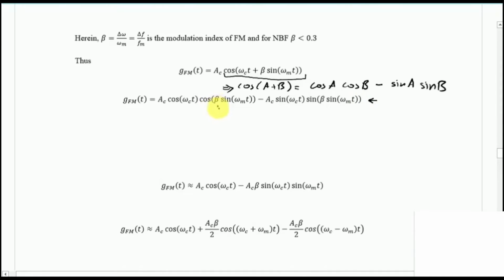Note that the value of β is quite small. It's less than 0.3. And similarly, we know that the sine function is oscillating between plus 1 and minus 1. So the absolute value of it is also less than 1.